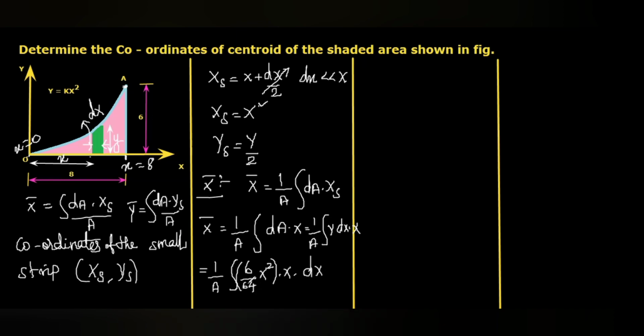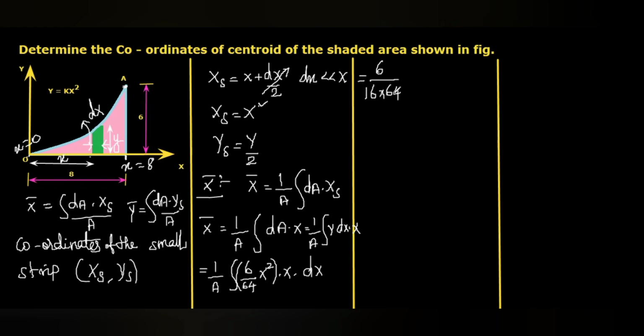So this 6 by 64 is a constant that we can take outside. And then the area, we calculated the area 16 square units, substitute the value. Then further simplification, we will get 6 divided by 64 that I'm going to take outside, and the area that is 16.